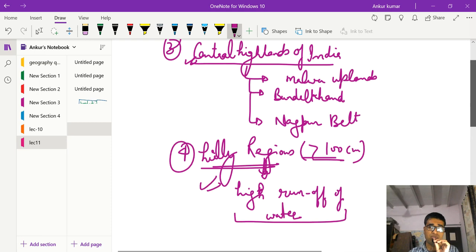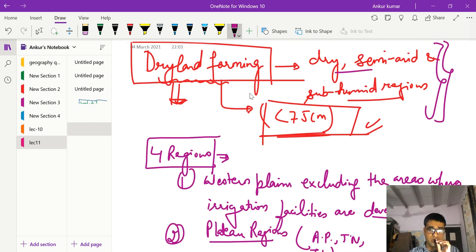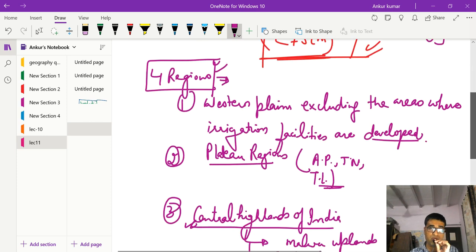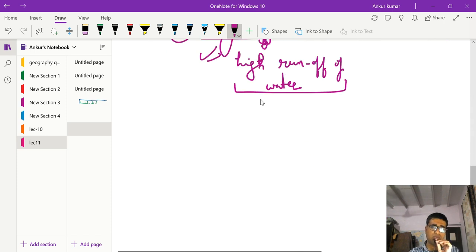So what we have said is that regions with these physical and climatic conditions where farming is done is called dryland farming. In India, we divide the dryland farming region into four categories. And these regions mostly fall in the, let us make a map of this here.